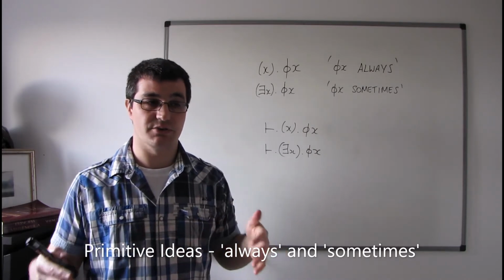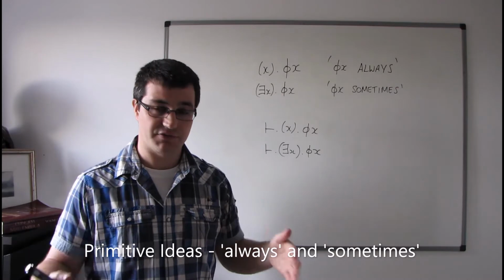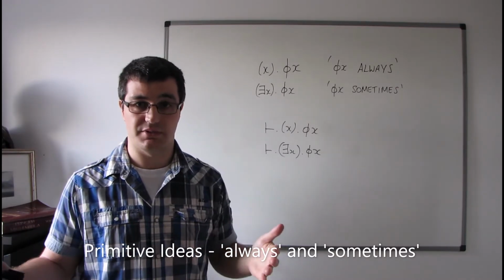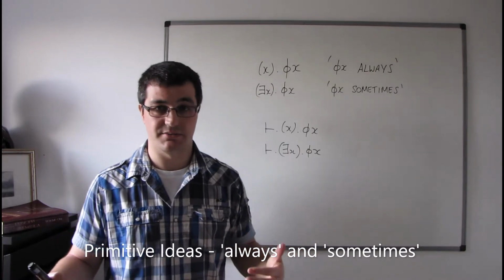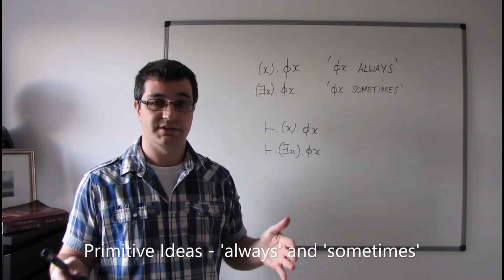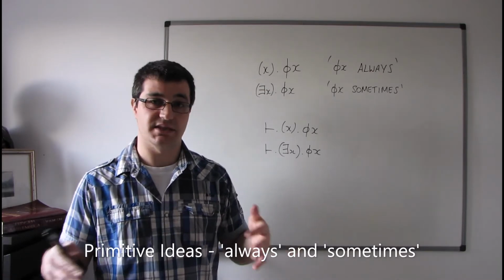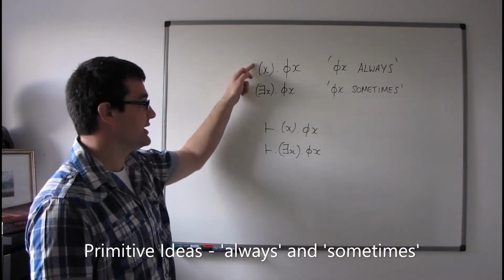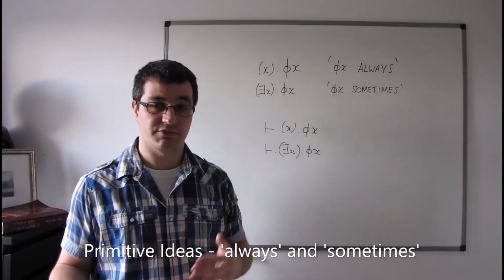Any propositions that we form have to be of finite complexity. So we can't have infinitely complex propositions, not in the system that we're working with. Maybe in other logical systems it is possible to have infinite complexity, but we don't allow it here. So these are genuinely new and different primitive ideas.